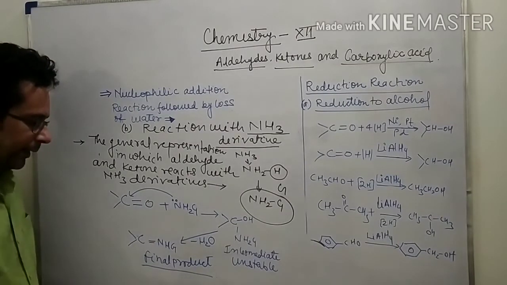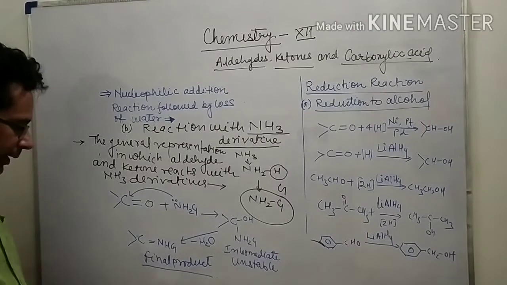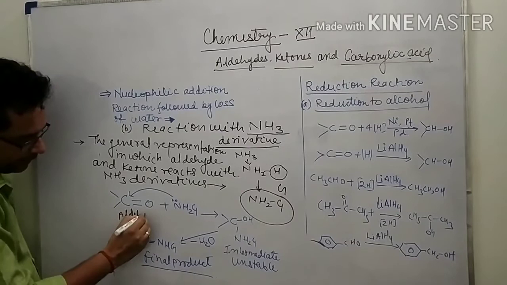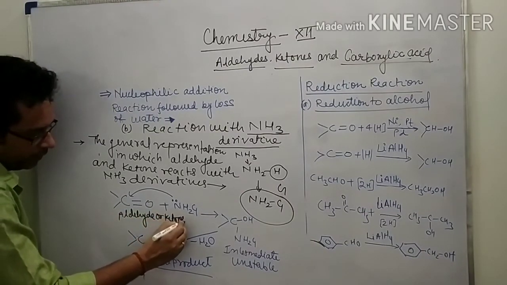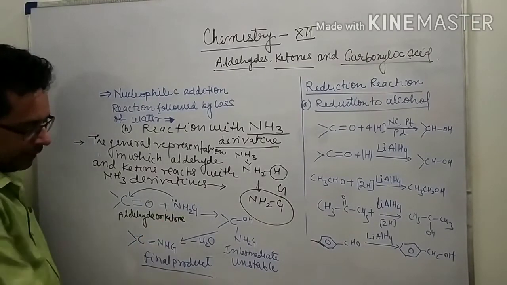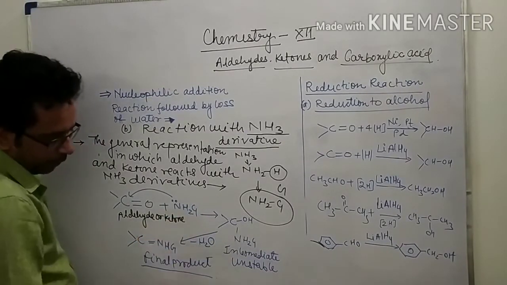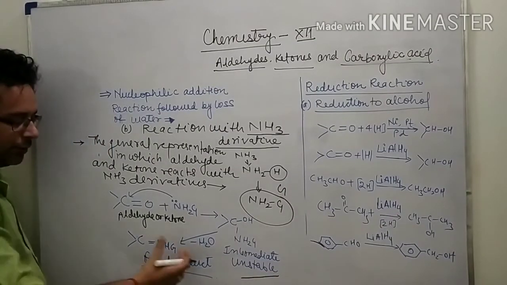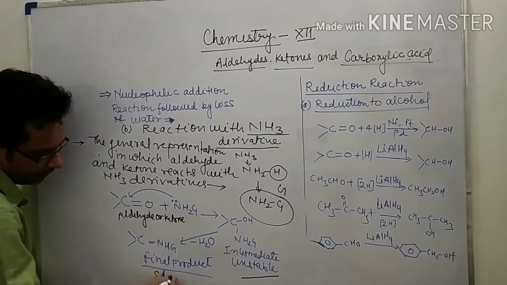It means in reaction with ammonia derivative, the aldehyde or ketone first reacts with ammonia derivative to form an intermediate addition product, and it is unstable. By losing a water molecule it gives a final product which is stable.